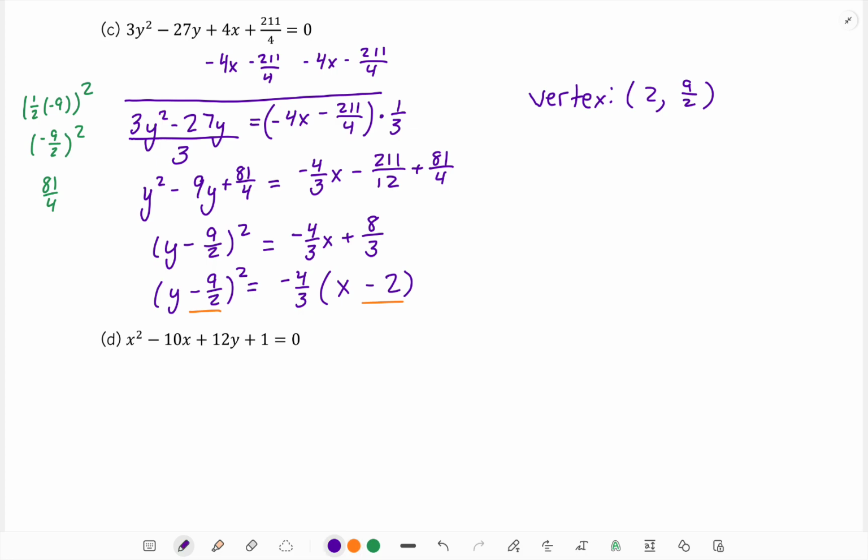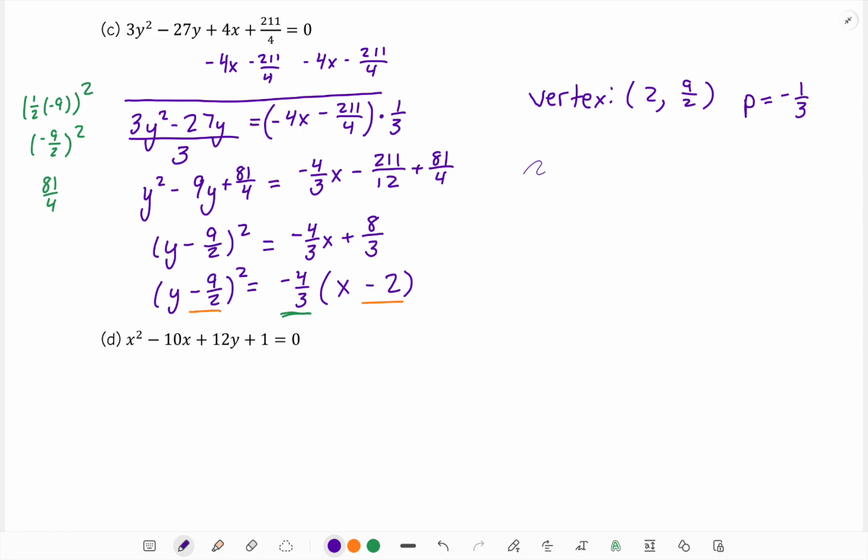And now this is a horizontal parabola that opens to the left because this is negative. Next, I'm going to find our p-value. So p is equal to negative 1/3, because remember, this is 4 times p. So divided by 4, you get negative 1/3. So I need to go to the left.